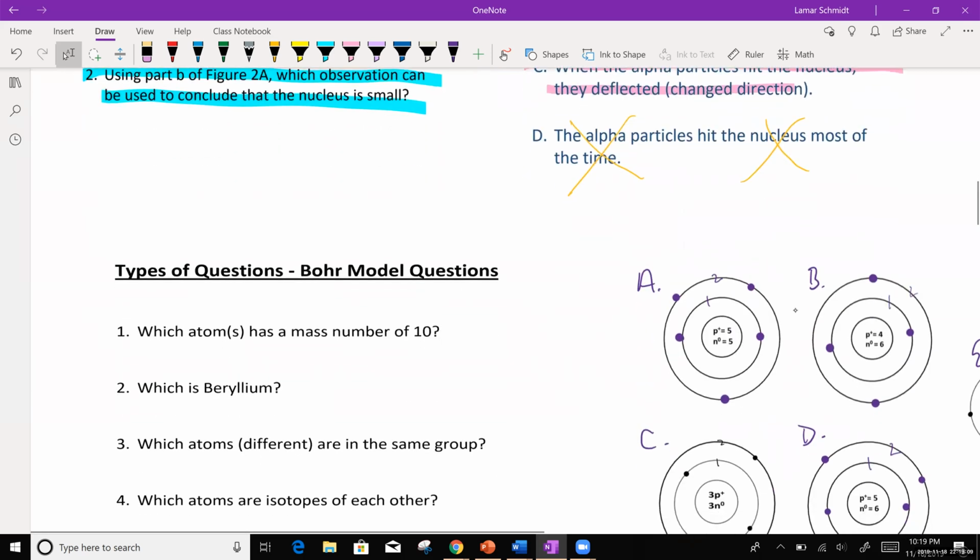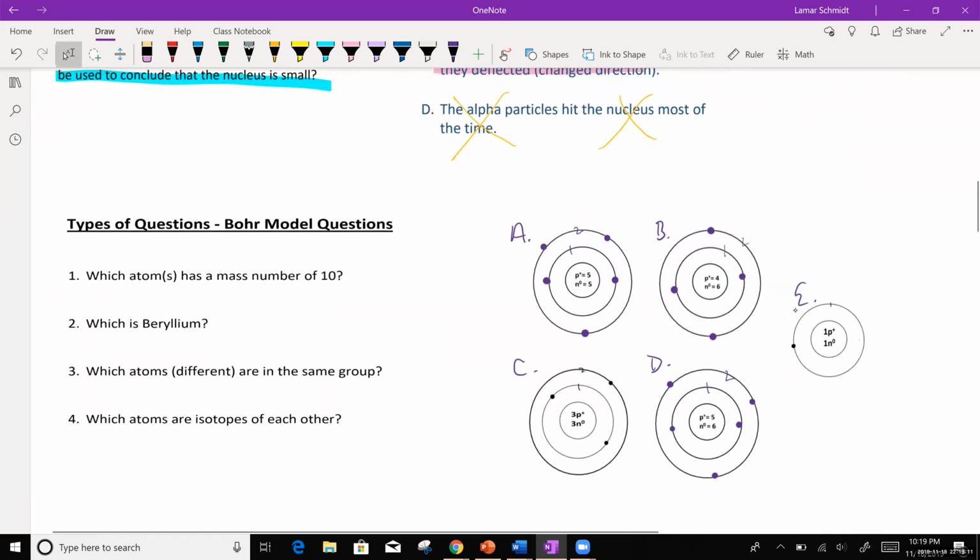All right, and then we get to this next part, and it talks about the types of questions for Bohr models. The first question is, which atom or atoms has a mass number of 10?